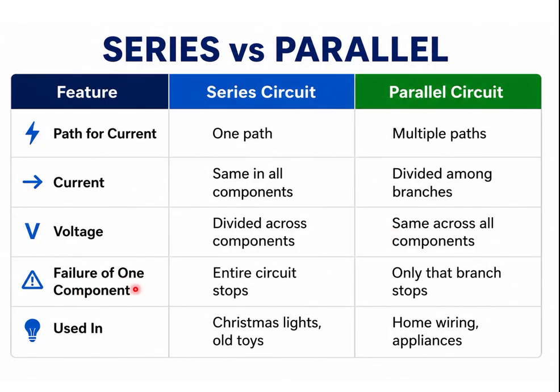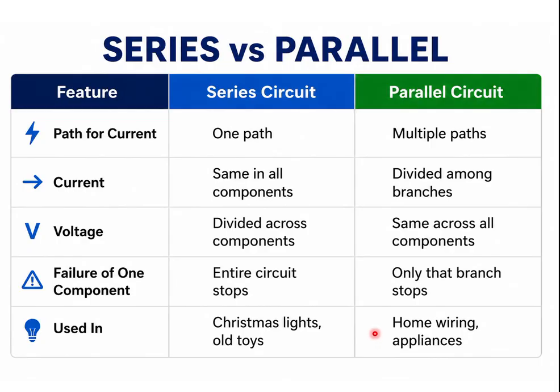And failure of one component in the series stops the entire circuit, while failure of one component in parallel stops only that component or only that branch. And a basic application is series circuits are mostly used for decoration lights and Christmas lights, while parallel we use them in our homes and all of that.